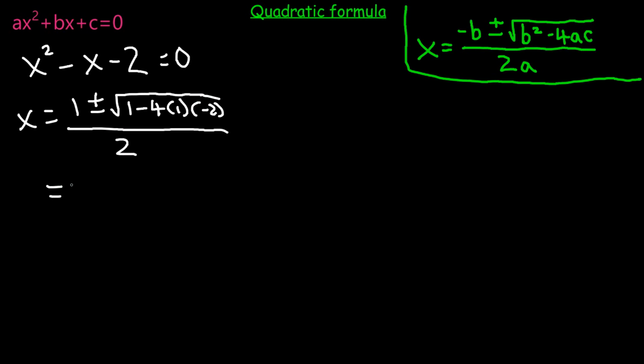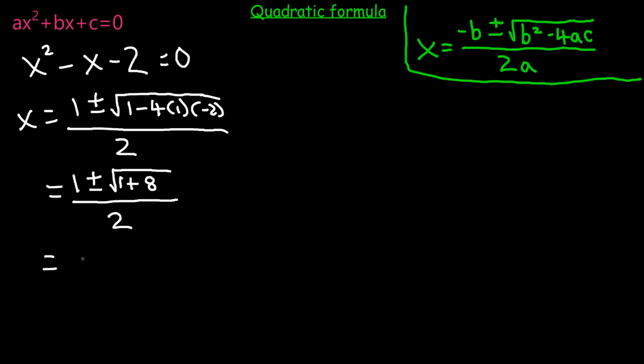So, simplifying this, we have 1 plus or minus the square root of 1 minus 4 times 1 is 4, 4 times negative 2 is negative 8, but we're taking the negative of this, so it's 1 plus 8. All divided by 2.